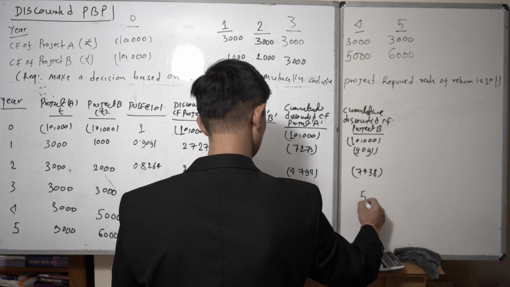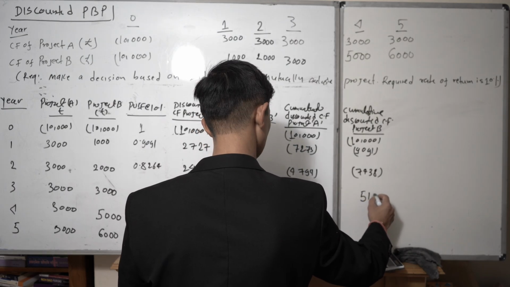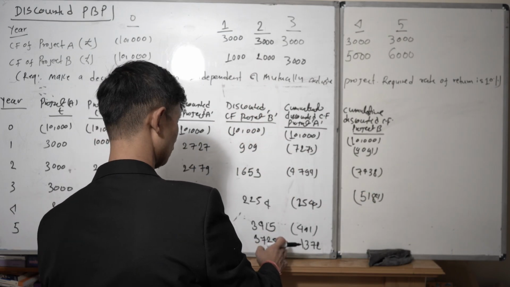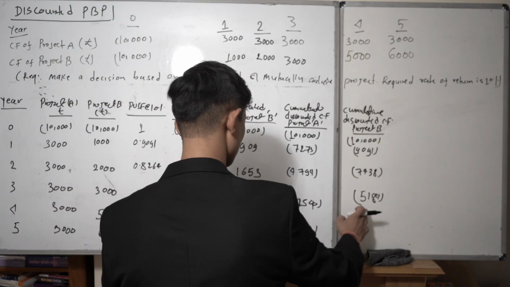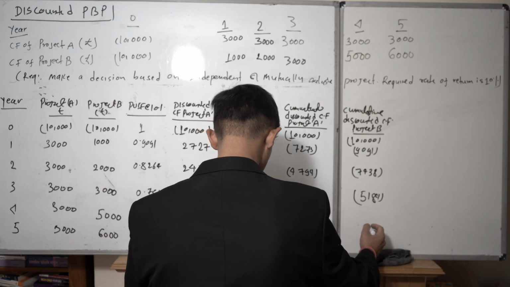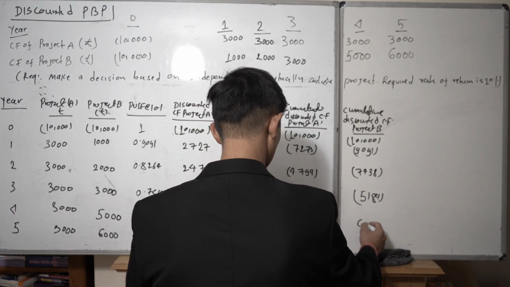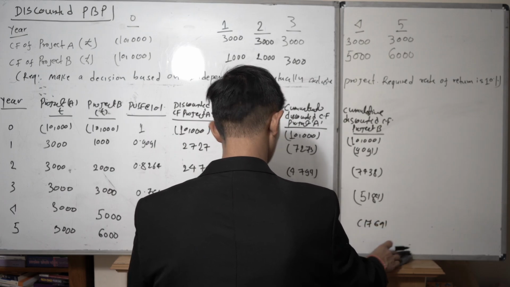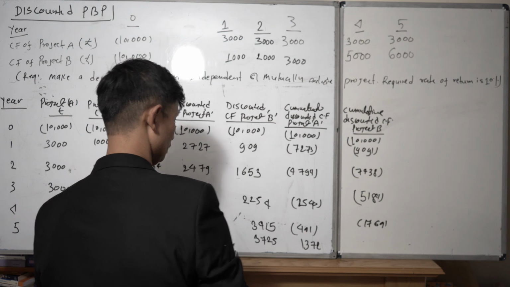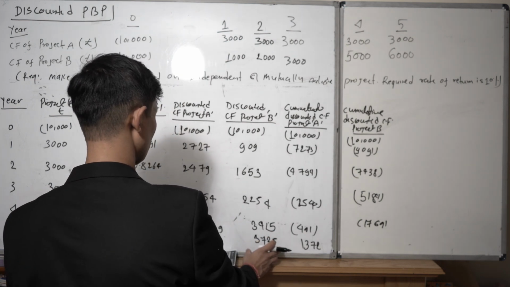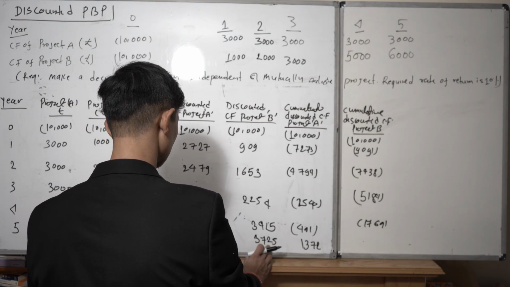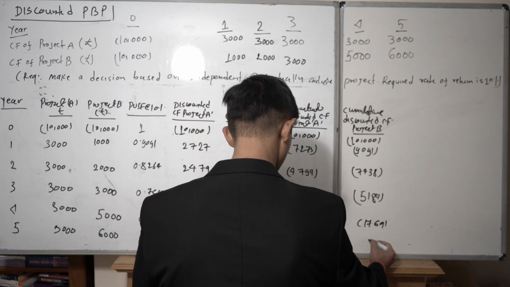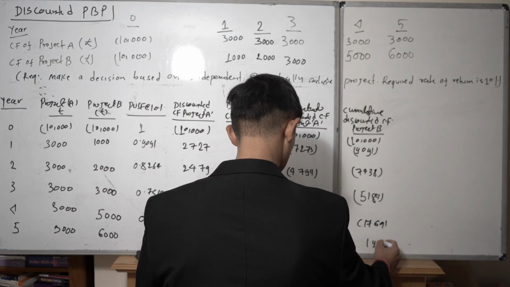We get minus 5184. So we deduct 3415 from minus 5184. Then we get here the value of minus 1769. Now lastly, the discounted cash flow for project B in year 5 is 3725, and we deduct this amount from minus 1769. Then we get a positive value, 1956.